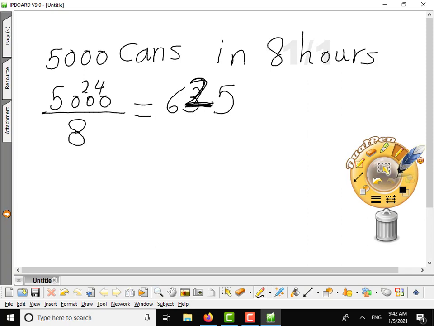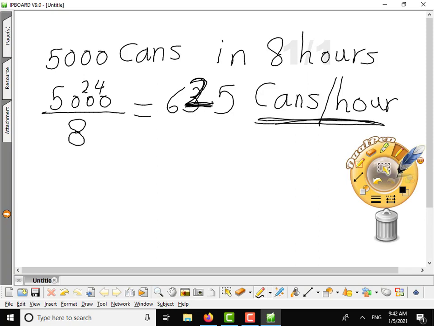So the answer is 625 cans per hour. And the unit is very important here. We must write the unit of the rate.